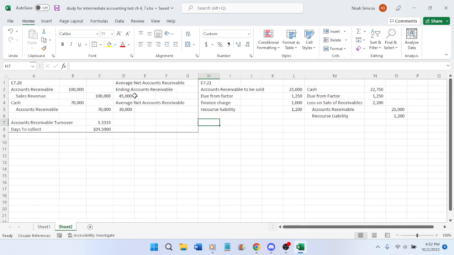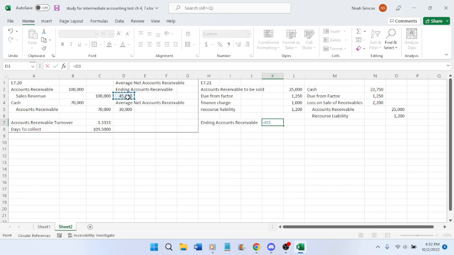Okay, so ending accounts receivable before was 45,000, but now it equals 45,000 minus 25,000.